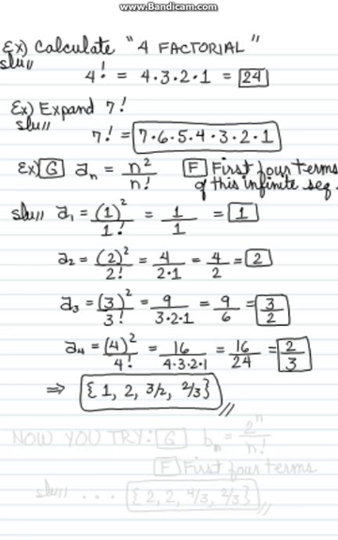And now I want you to try one. I'll give you a new definition for your nth term. I'll call it b sub n. Doesn't have to be a sub n. I'll call it b sub n equals 2 to the nth power over n factorial. All right, now I'm going to ask you to find the first 4 terms of this infinite sequence.